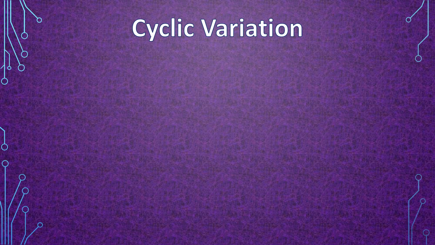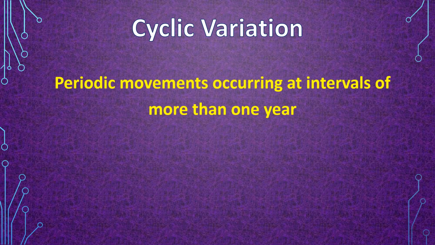The next one is cyclic variation. They are the periodic movements or the variations that occur at periods of more than 1 year, like the business cycles, trade cycles, etc. In several time series, we can find the periodic up and down movements in the economic data that we can call cyclic variations. These movements are like a wave, but the distance from peak to trough is not the same.